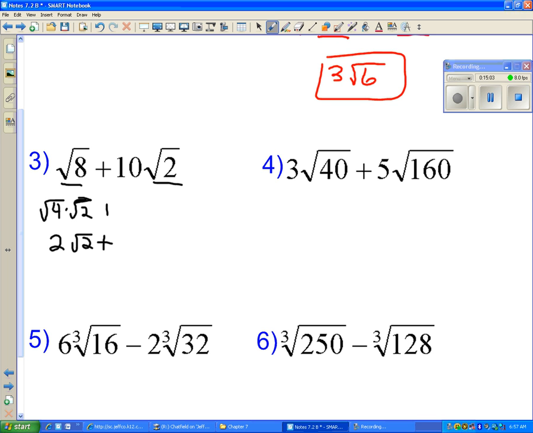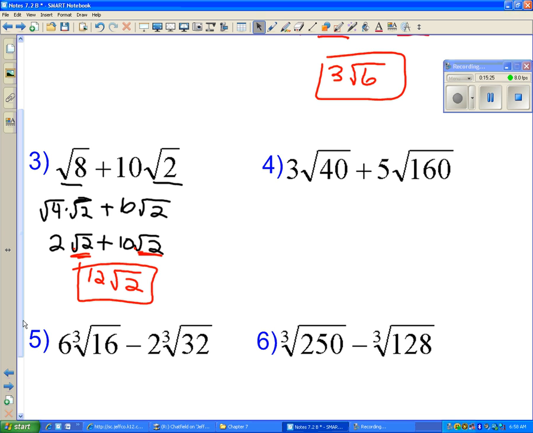And I still have this plus 10 square root 2. Now, when I simplified square root of 8, my square roots are the same. 2 square root 2 plus 2 square root 2 plus 10 square root 2 is 12 square root 2. And there's my answer. So let's go on to number 4.